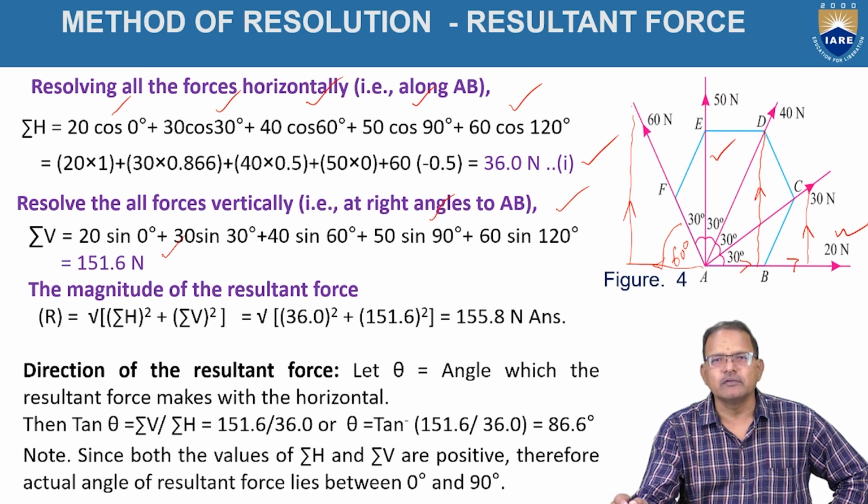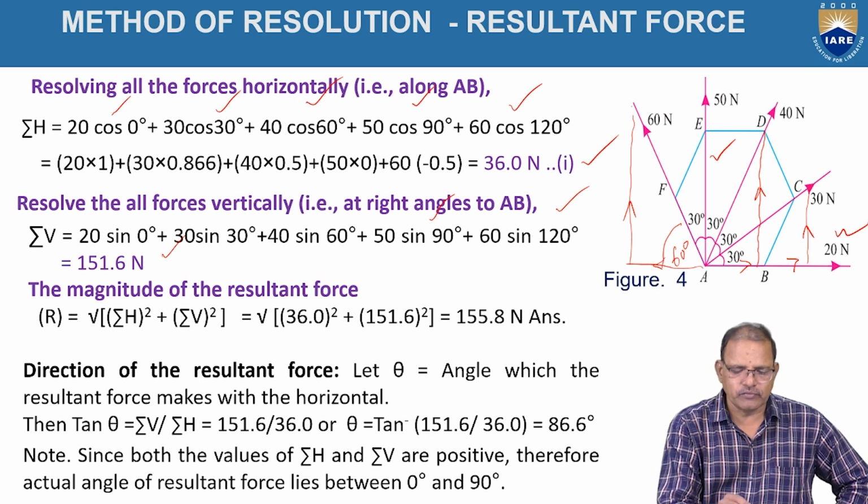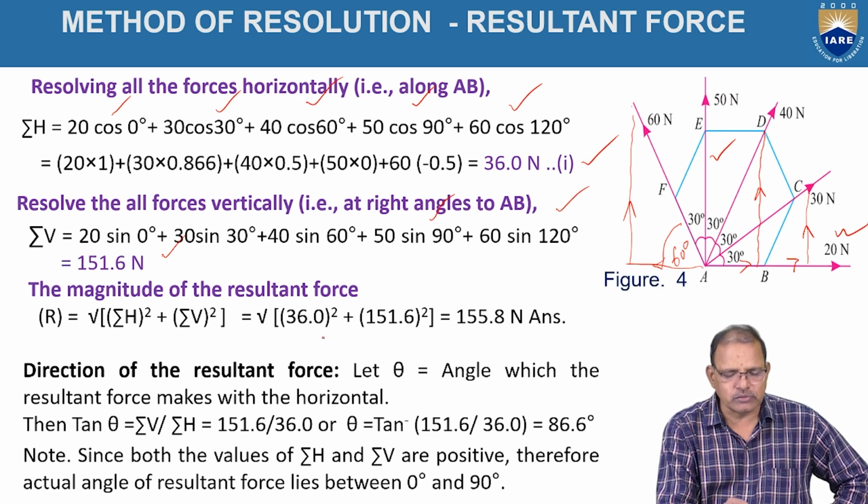The magnitude of the resultant force is R equal to under root of sigma H whole square plus sigma V whole square, which is equal to under root of 36 whole square plus 151.6 whole square, which is equal to 155.8 newtons.